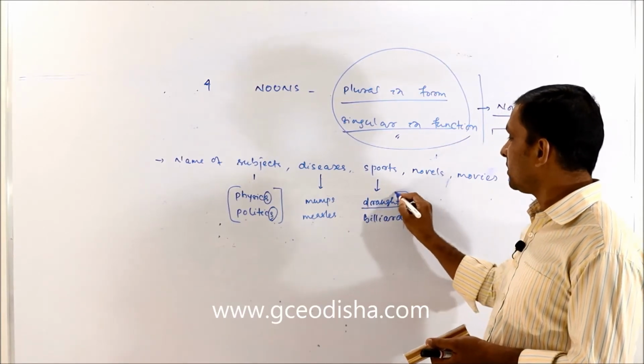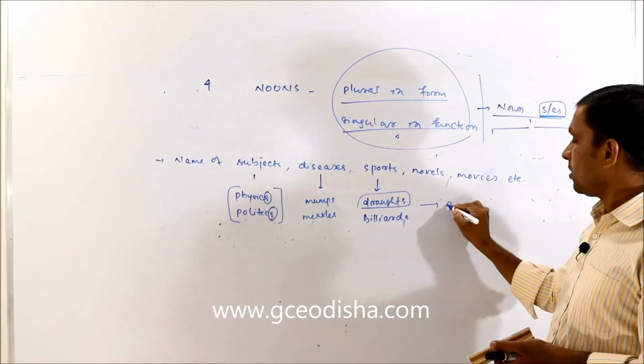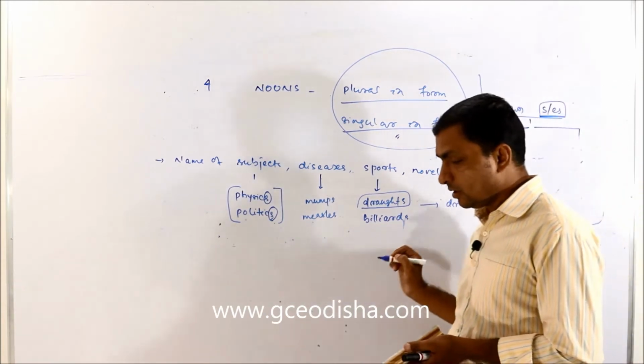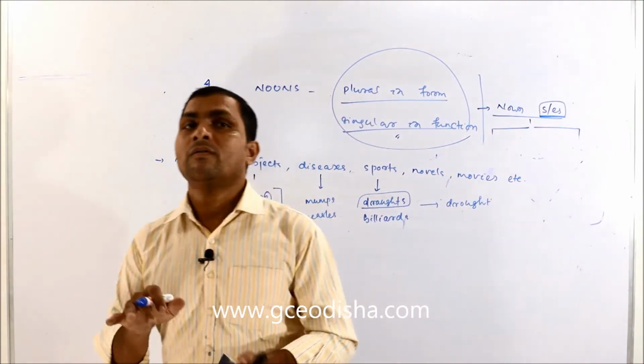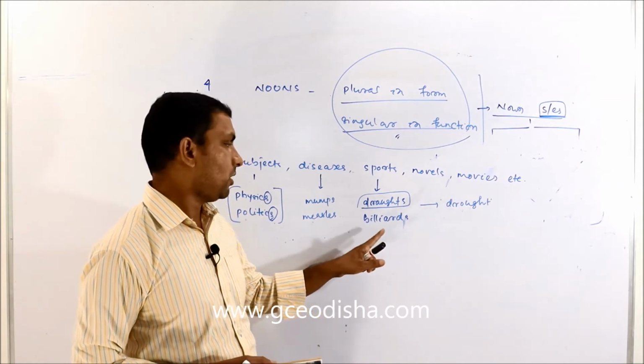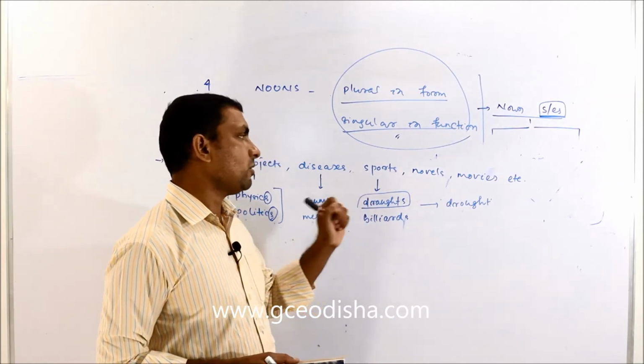Remember these words. The confusion is that it is drought, D-R-O-U-G-H-T. Drought is the opposite of flood. But the name of the sport is draughts.